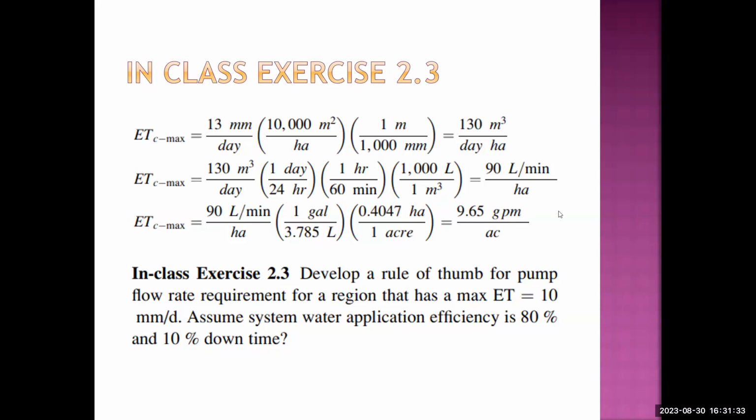So in Arizona, we might tell him 10 gallons per minute per acre, but what would you tell him or her in a state where the evapotranspiration rate was 10 millimeters per day? Oh, and we also have to consider the 80% and the 10%, right?